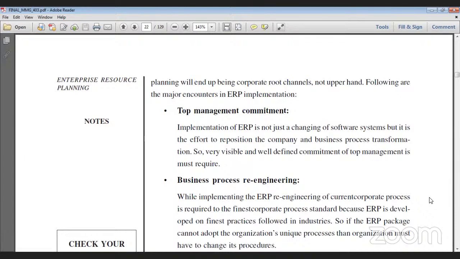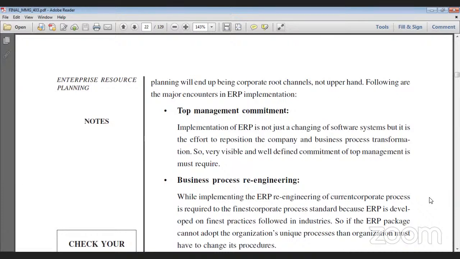Then the second challenge is business process re-engineering. While implementing enterprise resource planning, re-engineering of the current corporate process is required to meet the finest corporate process standard, because ERP is developed on the finest practices followed in the industry.